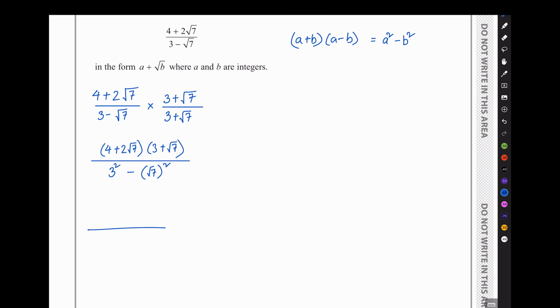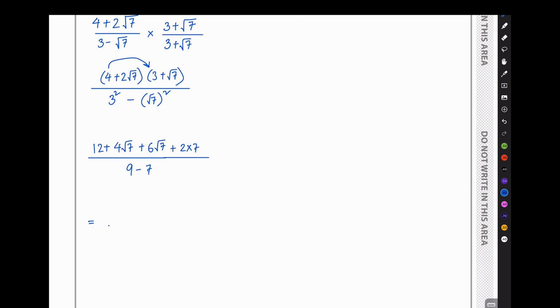Let me remove the brackets: 4 times 3 is 12, then 4 times root 7, then 2 root 7 times 3, which is 6 root 7, and then 2 root 7 times root 7, which is 2 times 7, divided by 9 minus 7. So now it's 12 plus 14, which is 26.